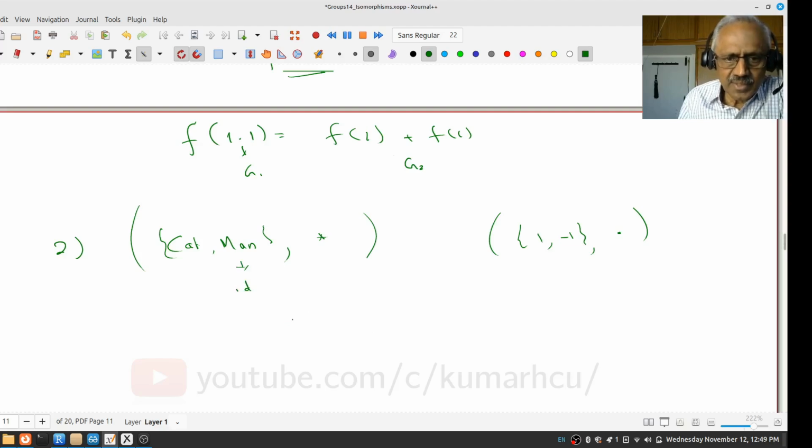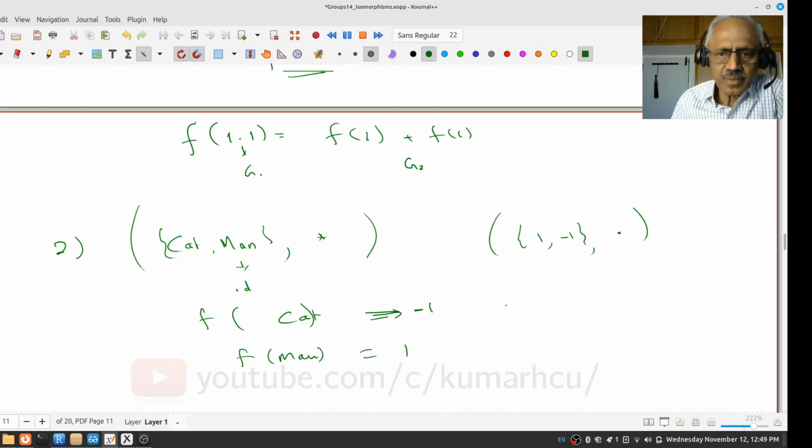This is a group. Remember my man was the identity here, right? Then what will I do? I will map cat to minus 1. F of cat equal to minus 1, f of man equal to 1. Okay, let us look at what is f of cat star cat. Remember, cat star cat, we already know must be the identity, right? F of identity, which is man.